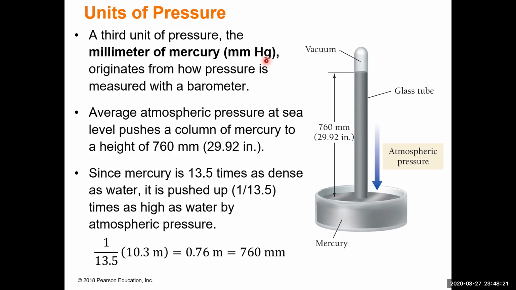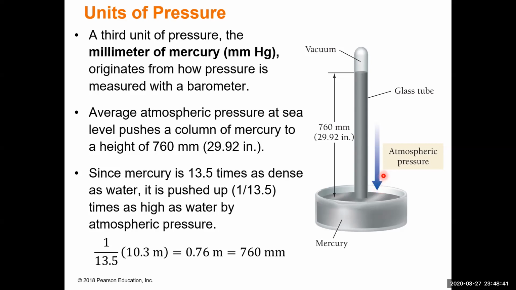And this originates from how pressure is measured within a barometer. Within a barometer, we have the average atmospheric pressure at sea level pushing down outside of the barometer onto the mercury.